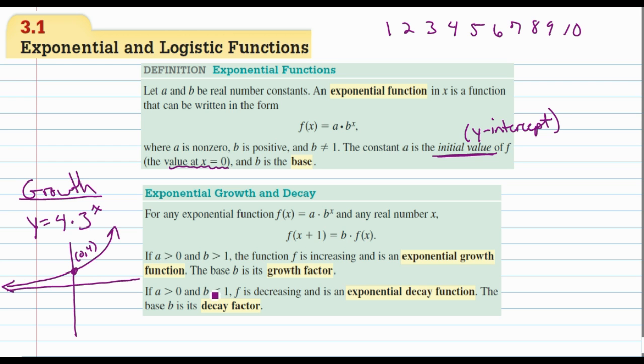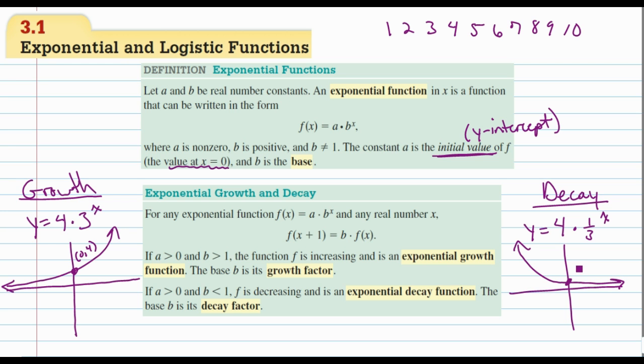Exponential decay is when your b value is less than 1 and of course greater than 0 that we know from the other definition. So a decay function might be y equals, we can still use 4 out in front, but now we'd use something smaller than 1. So let's try 1/3 to the x. Again, not totally sure what this looks like, but exponential decay is going to go that direction.